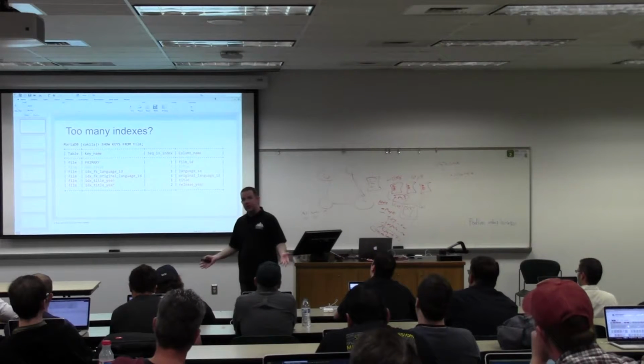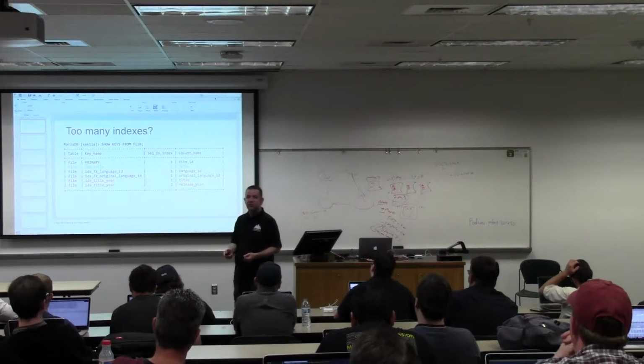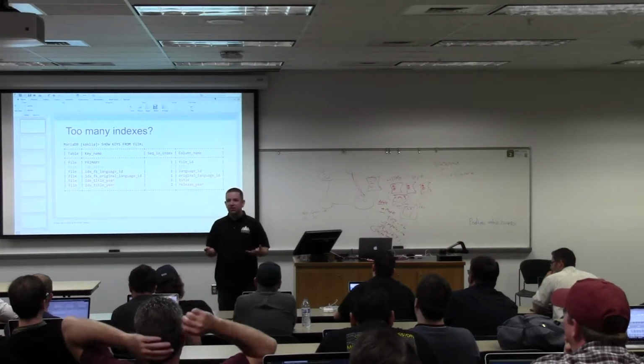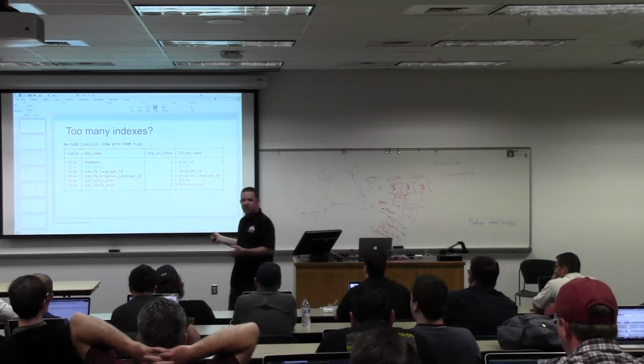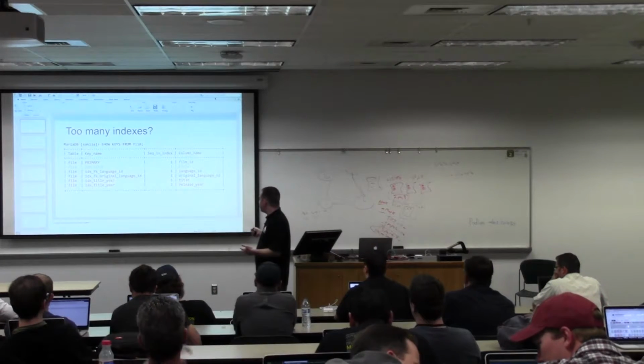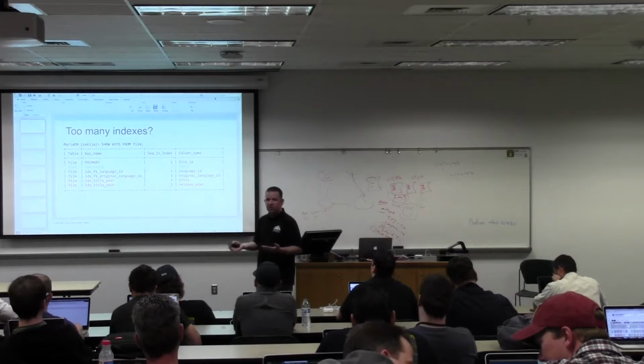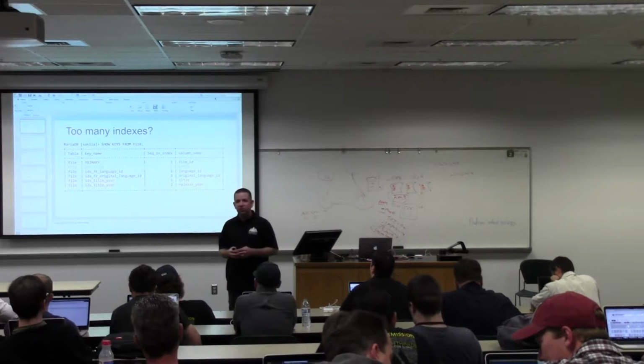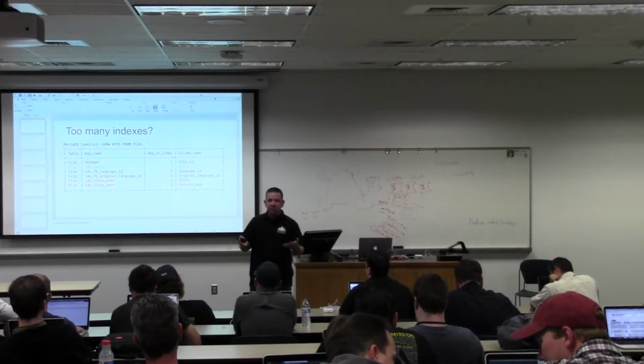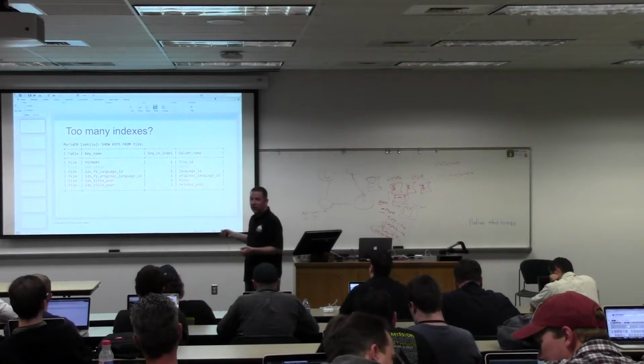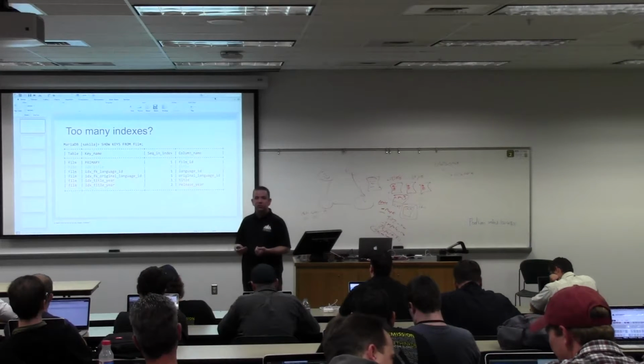So the more indexes you have, the more your writes cost. It's not just that it's useless for reading. It doesn't really matter for reading. You can get by with one or the other, they'll speed it up just as much. But for writing, having that extra index will slow you down.